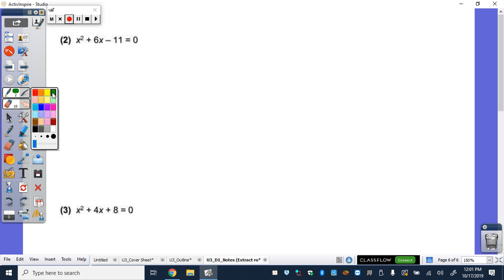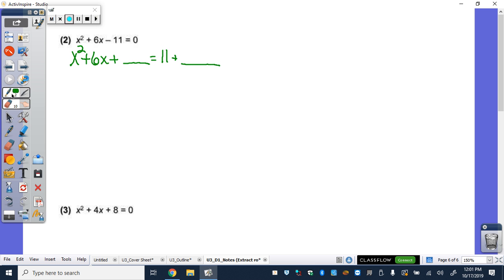All right, number 2, 11. Is that a perfect square? Nope. So I'm going to move that over and put my spaces. So x squared plus 6x plus a space equals 11 plus a space. What goes in the space? 9, because half of 6 is 3, and 3 squared is 9. So then how does our left side factor?